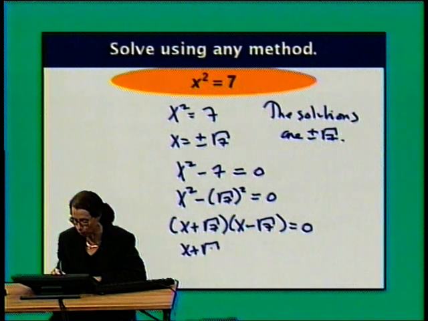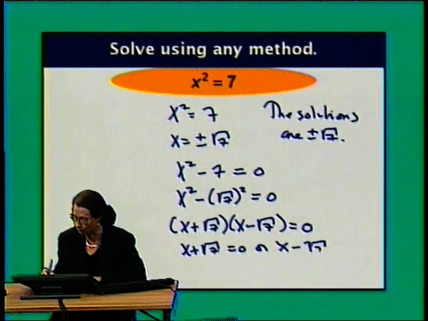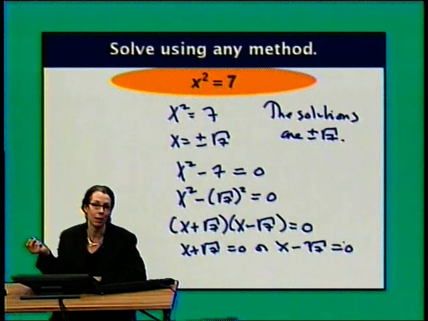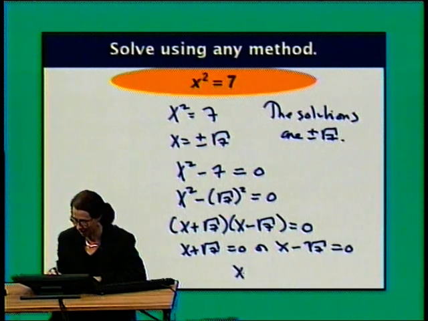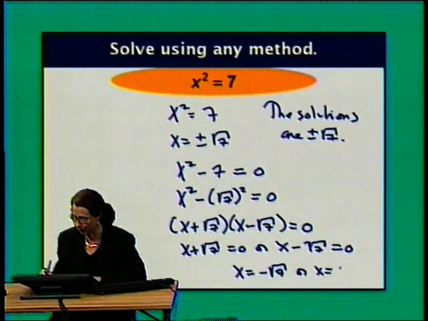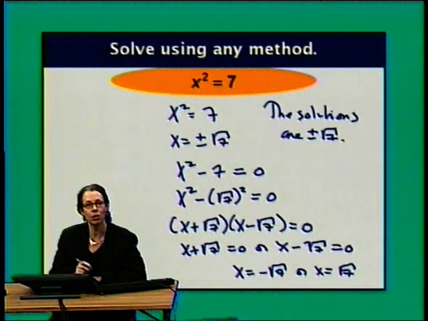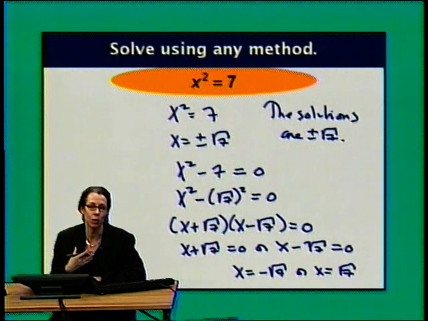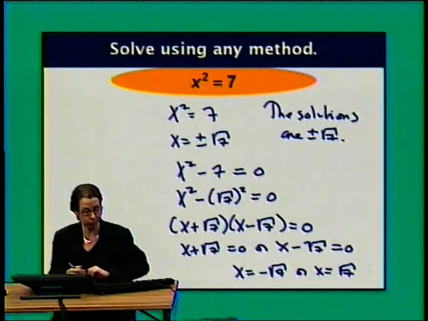Either x plus radical 7 equals 0 or x minus radical 7 equals 0, and we get the same two results. X equals the opposite of radical 7 or x equals radical 7. So I just wanted to point out that we were restricting ourselves a little bit when we were only factoring over the integers.